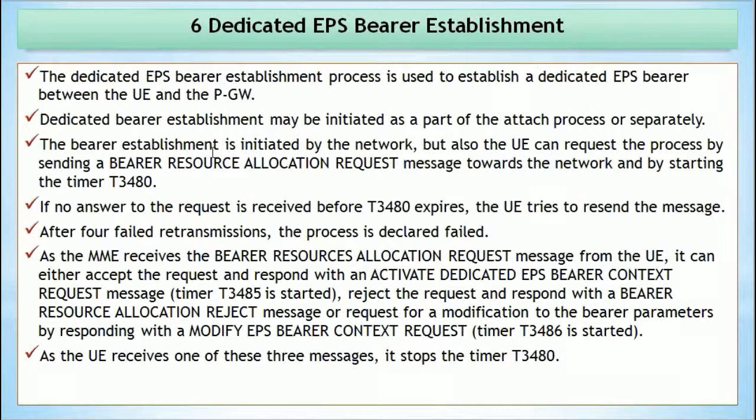Okay, as the MME receives the bearer resource allocation request message from the UE, it can either accept the request and respond with an activate dedicated EPS bearer context request message, and timer T3485 is started, or reject the request and respond with a bearer resource allocation reject message, or request a modification to the bearer parameters by responding with a modify EPS bearer context request.